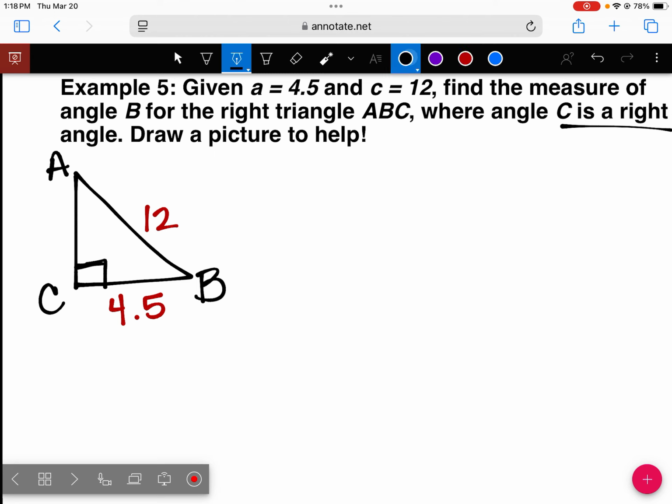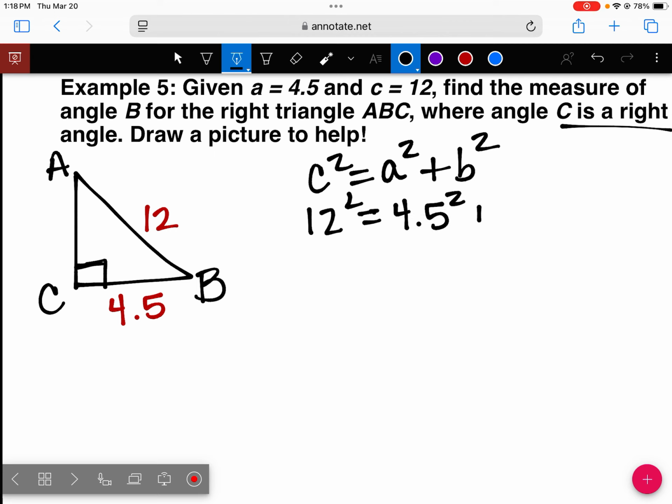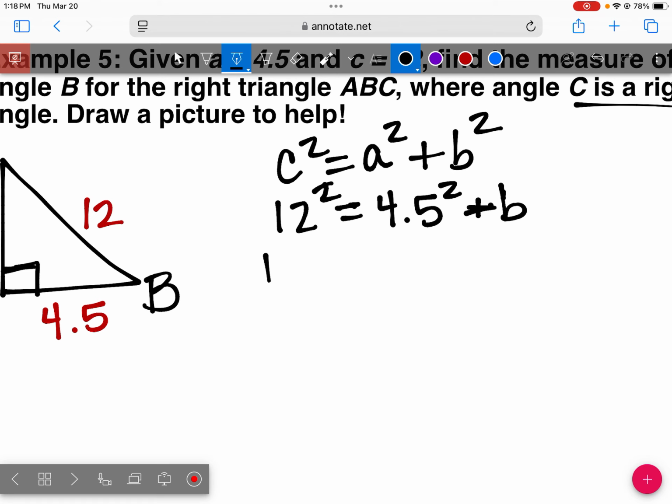So this time, when we're trying to find, they told us the hypotenuse. So 12 squared equals 4.5 squared plus b squared to get the other side. So that would be 144 equals 4.5 squared. And I'm not going to round anything.